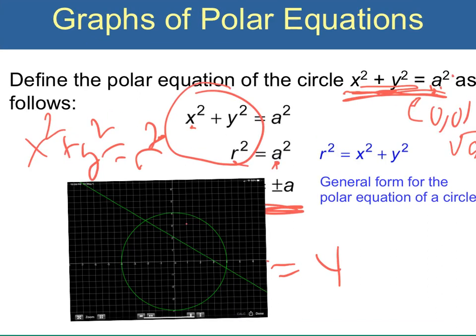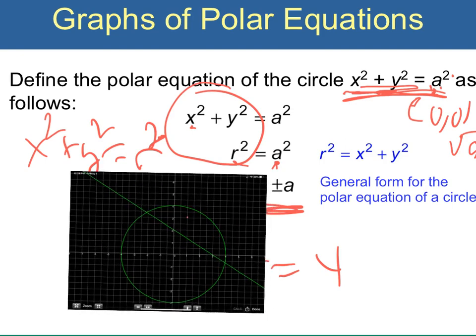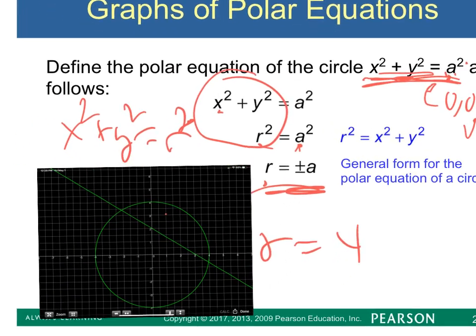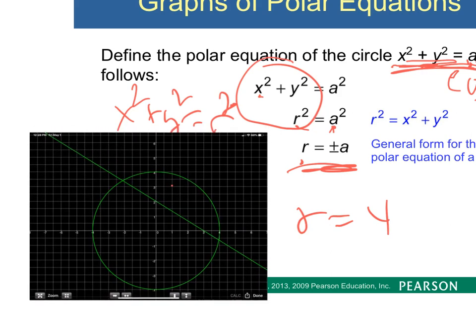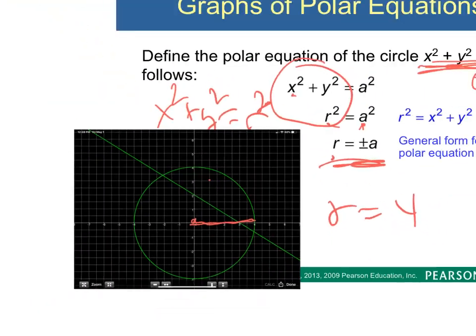I'm back, and as you can see, I did it on top of the same picture as before, so you can get perspective. And I changed the window to make it look more circular. Mine was looking like an ellipse because I had too many y values compared to x values. Sure enough, look at that beautiful center of a circle. And the radius is, guess what? Do you see it? I'm going to zoom in. 4.